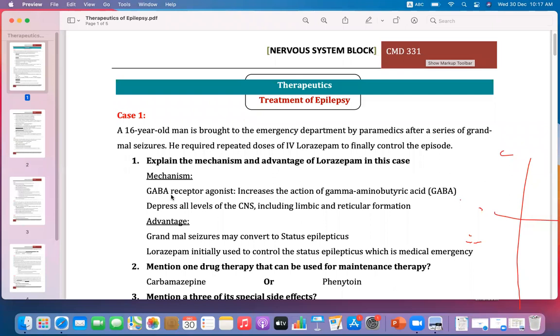So the mechanism of action of lorazepam is gamma aminobutyric acid receptor agonist, increasing the action of gamma aminobutyric acid. GABA depresses all the levels of the CNS, including limbic and reticular formation.